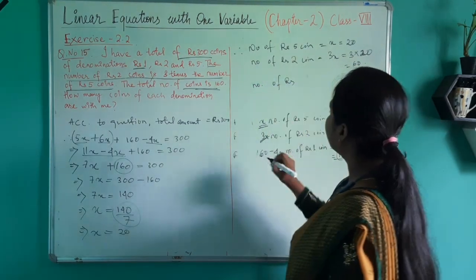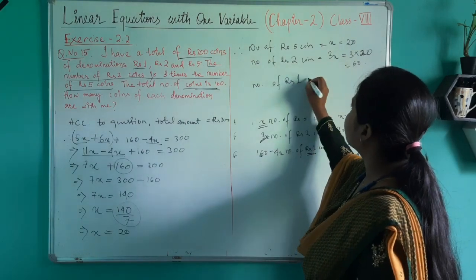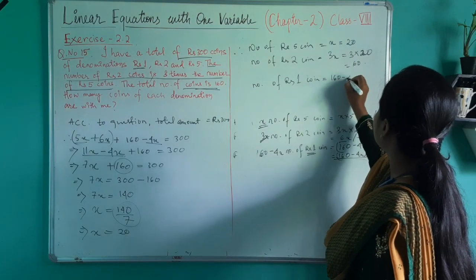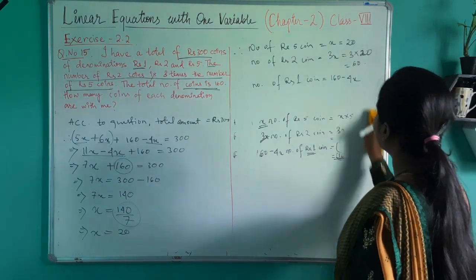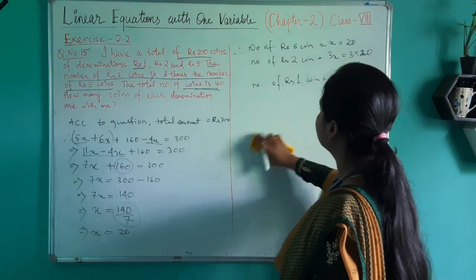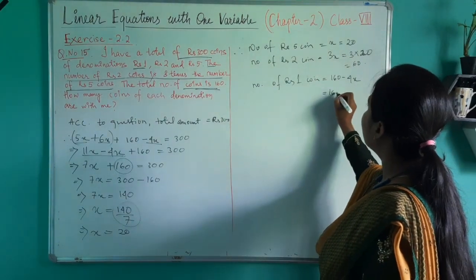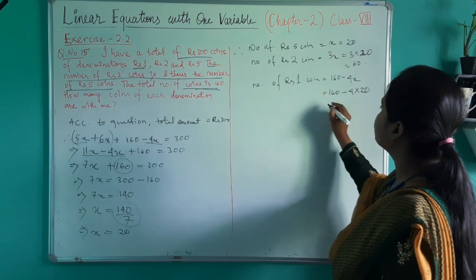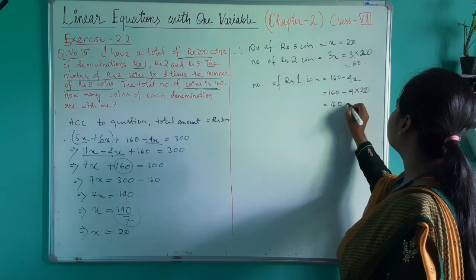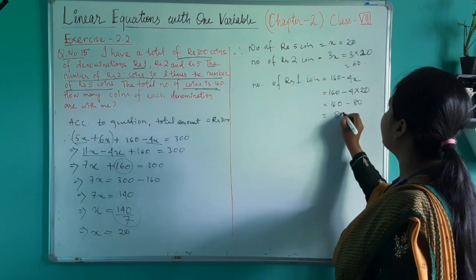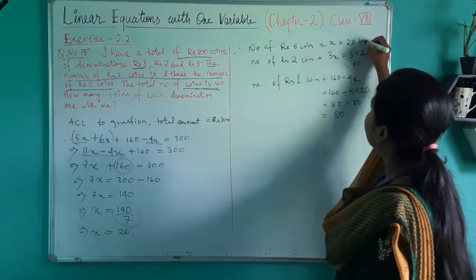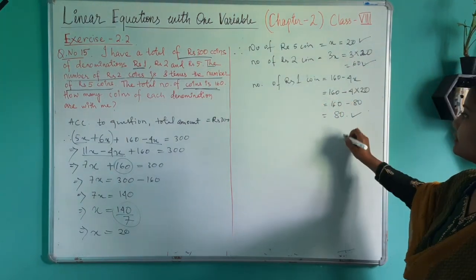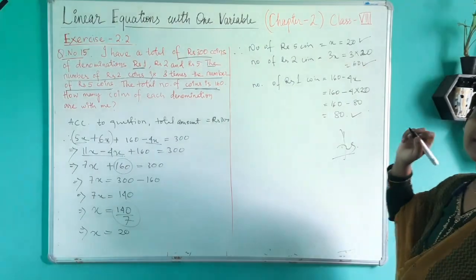Similarly, the number of 1 rupee coins, which we assumed as 160 minus 4x, is 160 minus 4 into 20. Substitute the value of x as 20. This is 160 minus 80, that is 80. So the number of 5 rupee coins is 20, the number of 2 rupee coins is 60, and the number of 1 rupee coins is 80. This is the answer.